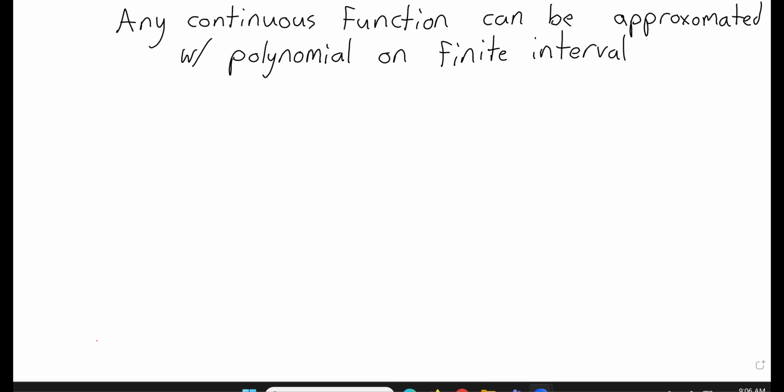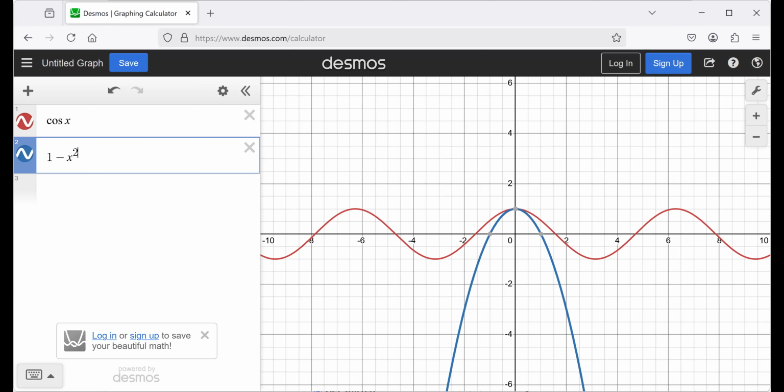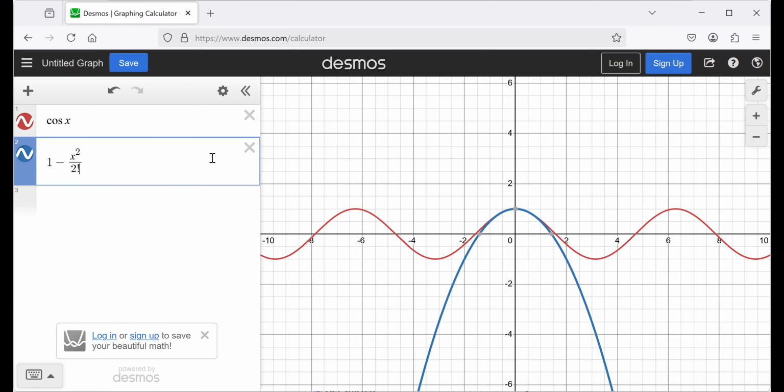Let's see this statement in action with the function, the cosine of x. And let's look at some polynomials that are going to approximate this function around the origin, near the origin, I should say. We'll see where this formula comes from sometime this week.